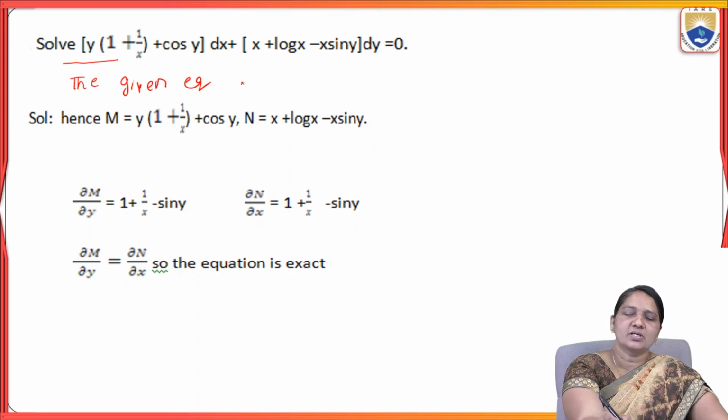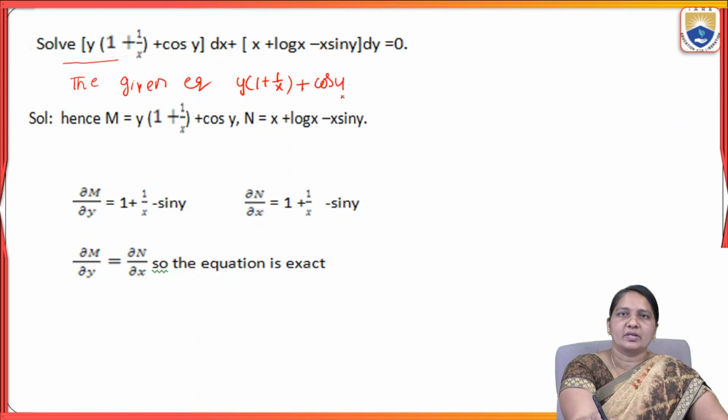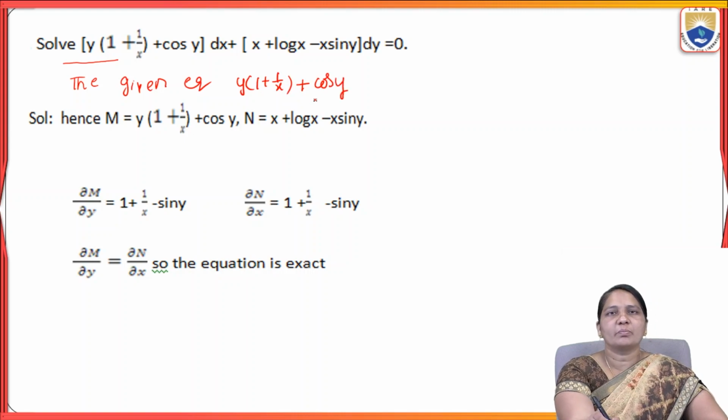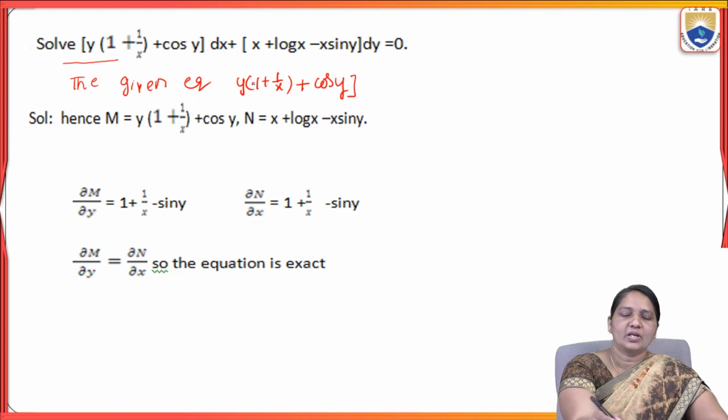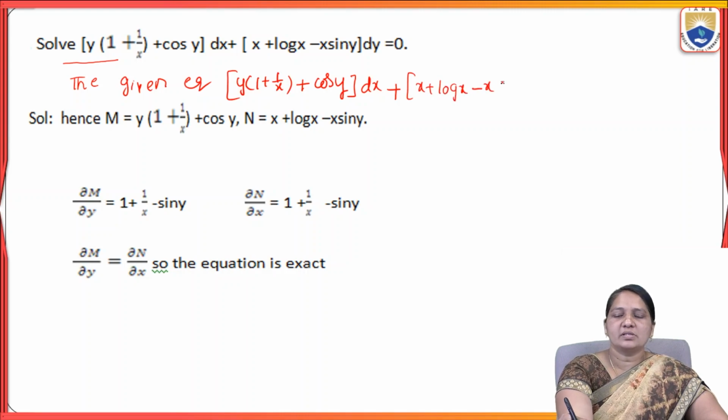Given equation is y into 1 plus 1 by x plus cos y into dx plus x plus log x minus x sin y into dy equal to 0.